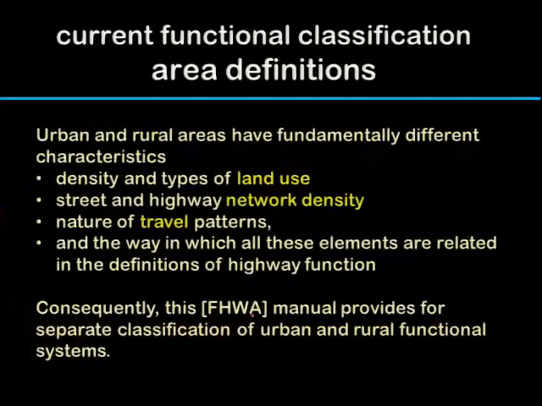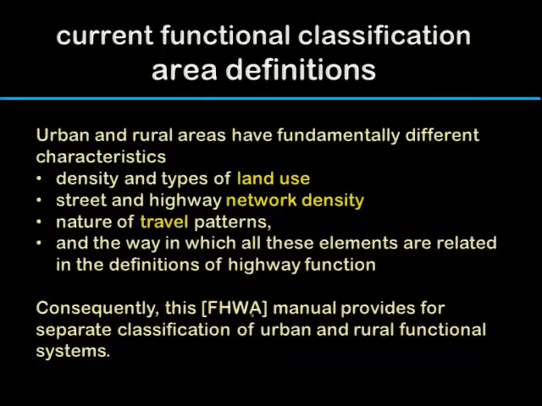And by that, this is a current description on the Federal Highway Administration's website about what those area definitions are. Urban and rural areas, 2. Just 2. Now there's a smaller one that's called urban places. There are 5,000 and less, so they're really not significant in this ballgame. So we really have 2, rural and urban. And they say they're fundamentally different.